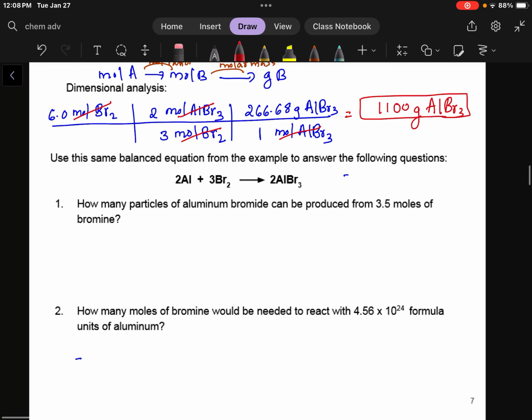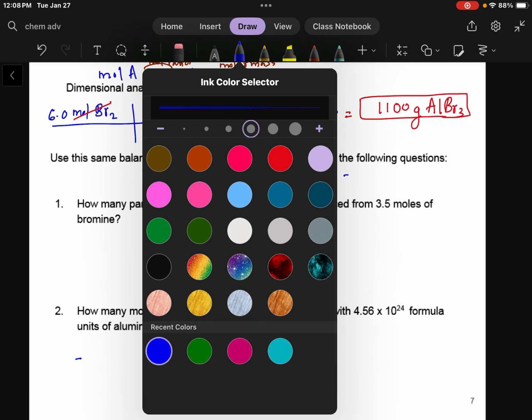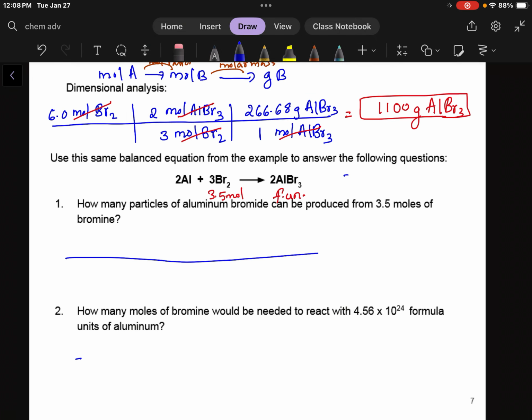Okay, let's do the next one. This time you have 3.5 moles of bromine given, and you are going to find how many particles, which is formula units since it is an ionic compound. Let's do the T chart. We'll start from the given, which is 3.5 moles of bromine.